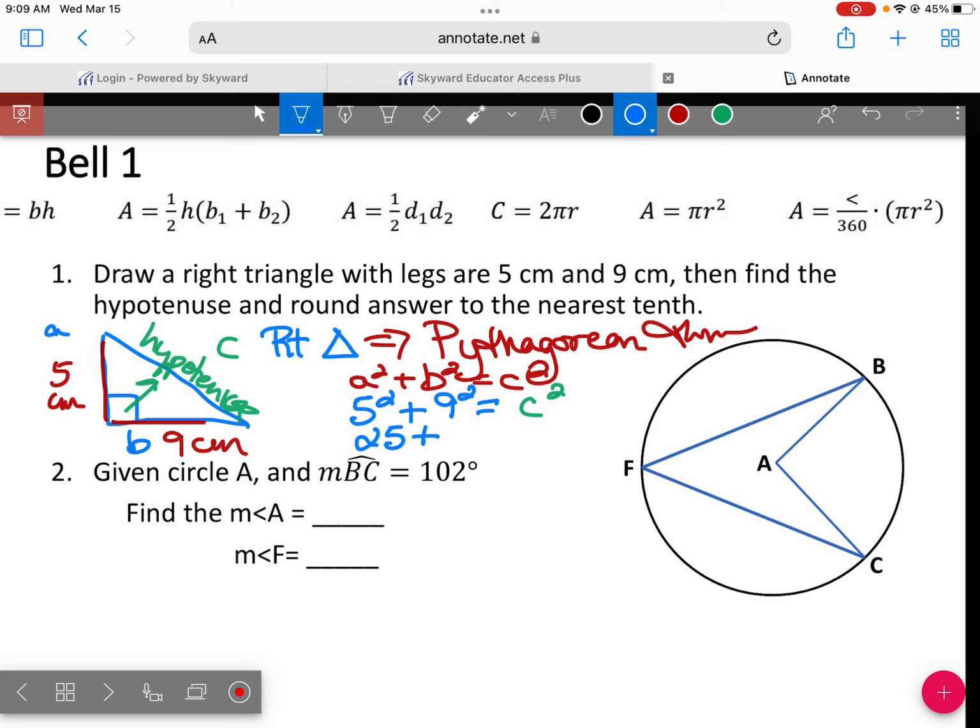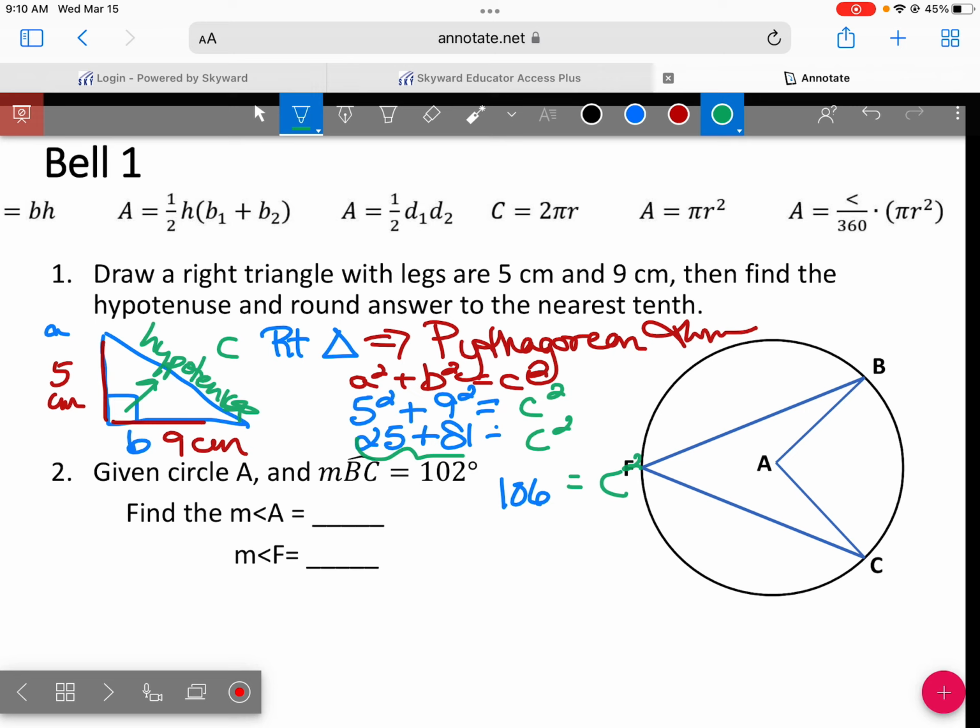Plus 9 squared is 81. Equals C squared. 25 plus 81, add those together, which is 106. And that is equal to C squared.